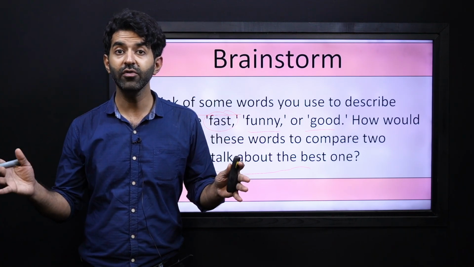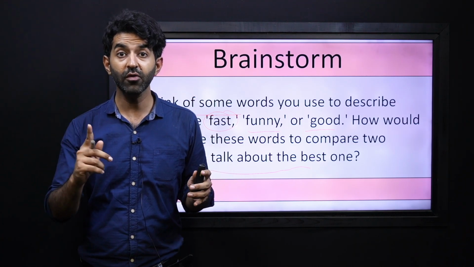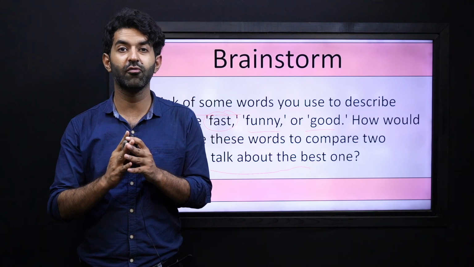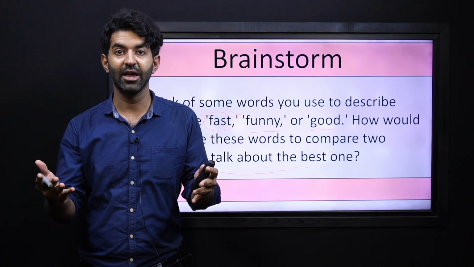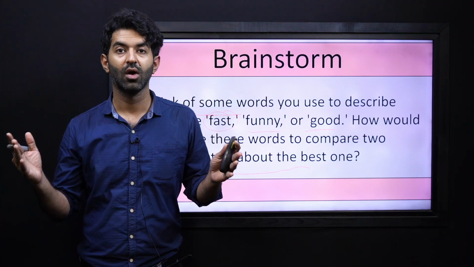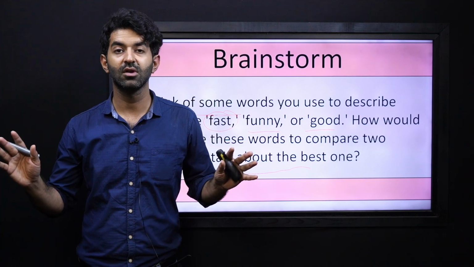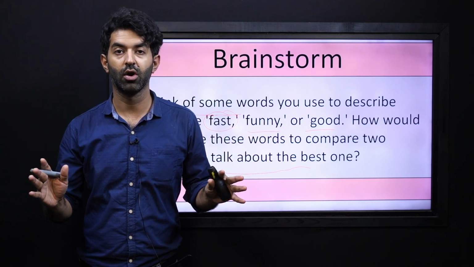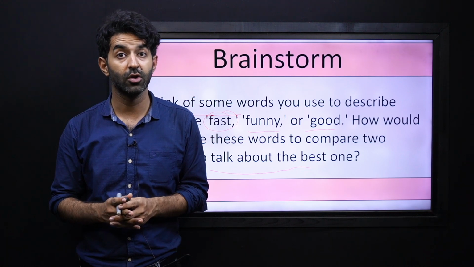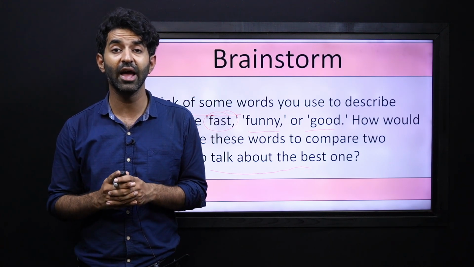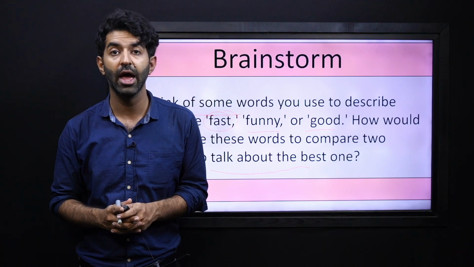Because if there are 5 cars, students, and only one of them, just one is the fastest, just like I use this word. So how would you say that this one is the fastest among all 4 or 5? Yes, we are going to use different degrees for this purpose, and that's why we learn the degrees of adjectives.